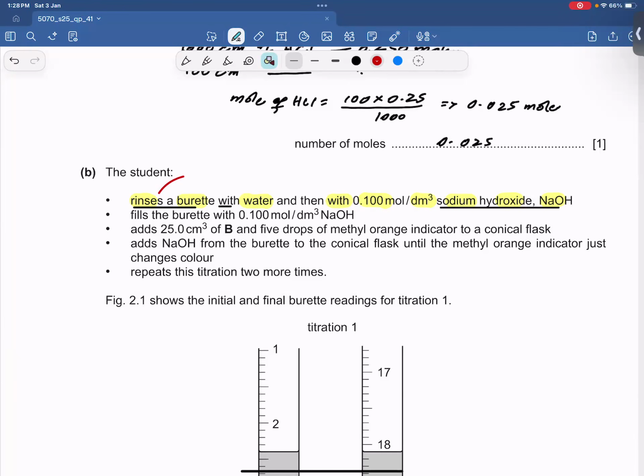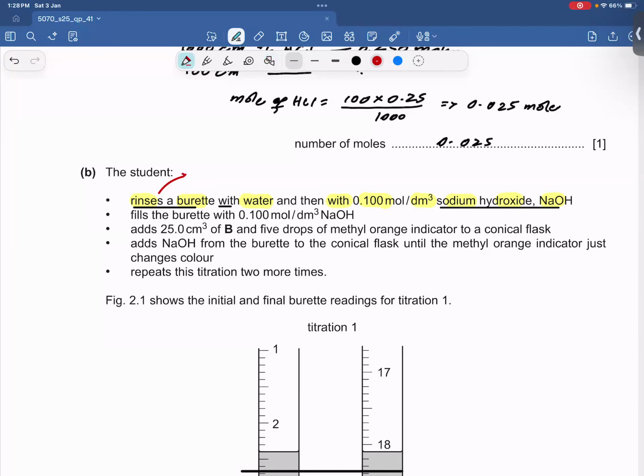Why? Because so that we can remove all the water. First, we need to rinse the burette with water and then with NaOH. Obviously, we need to remove the water so that we can prevent the dilution of NaOH. And that's the point.